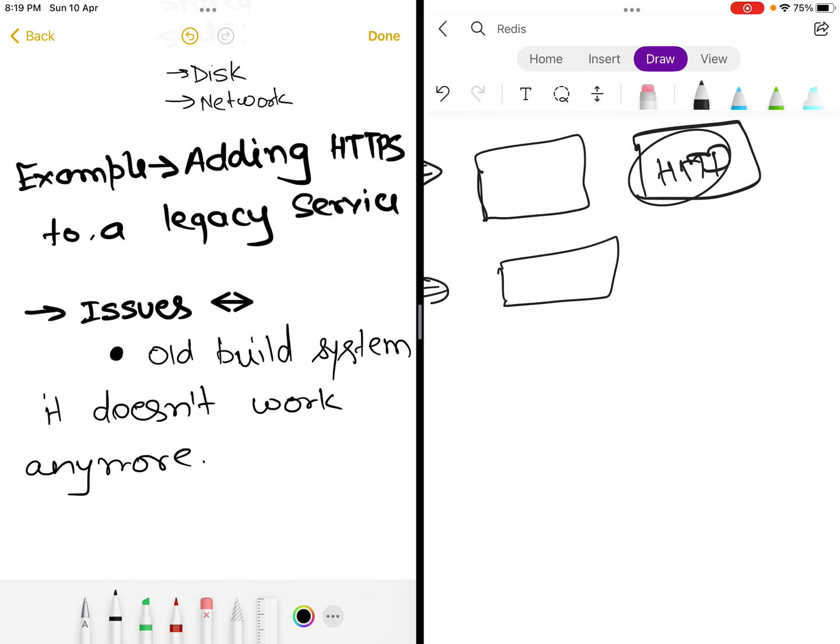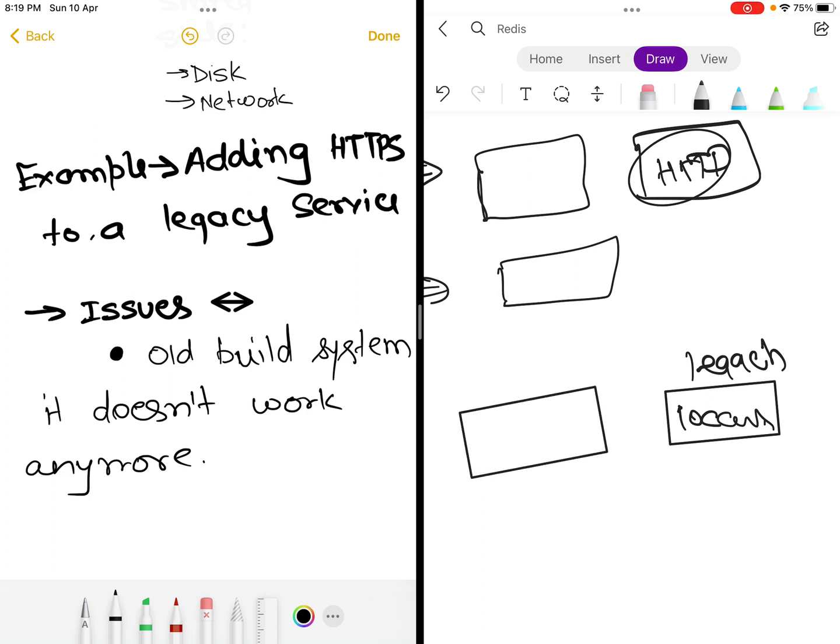So you start your actual legacy application at localhost, and then you start a Nginx sidecar container, which will be listening on the actual IP at HTTPS, and then it will be transferring all this traffic to your local system.